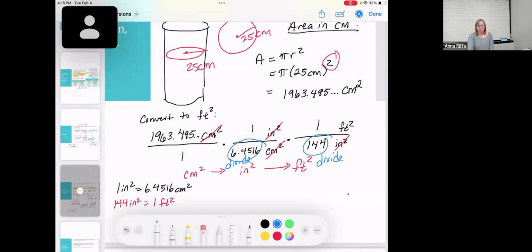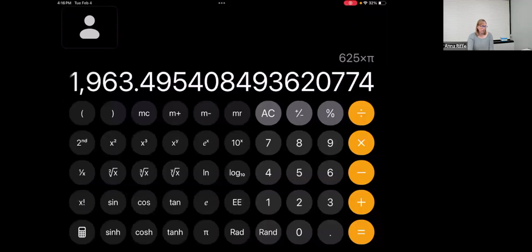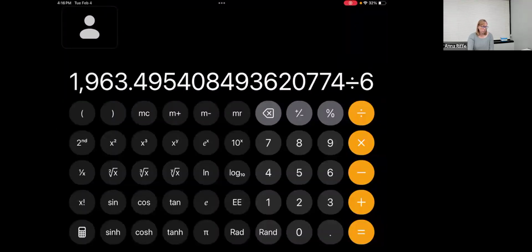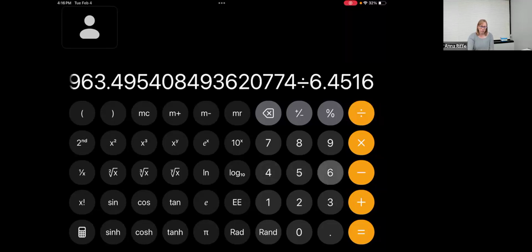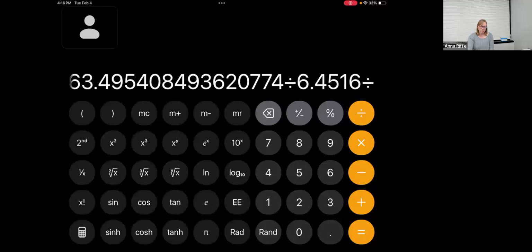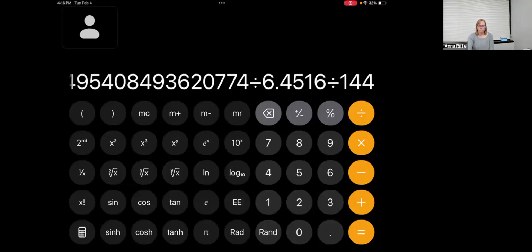That 1,963 is still in my calculator. So I'm going to use it. Divide by 6.4516. Divide by 144. Yes, you can do that all in a line like that.